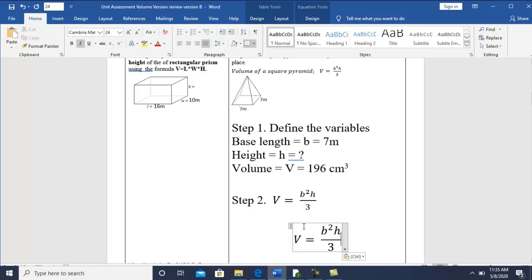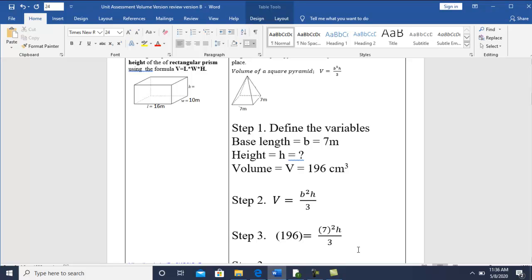So we said that the base value is 7. We don't know the height, but we do know the volume. So the volume we put in is 196.